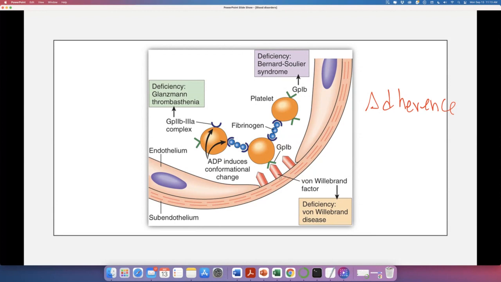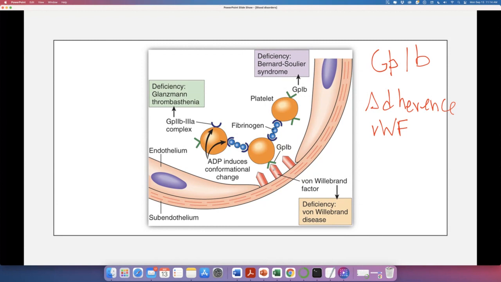So when there is a damage, endothelial cells will express this protein that we call the VWF, and that will serve to bind the platelets here. There is a receptor in the platelets that is called GP1B. That is the receptor that recognizes and has affinity for this von Willebrand factor.